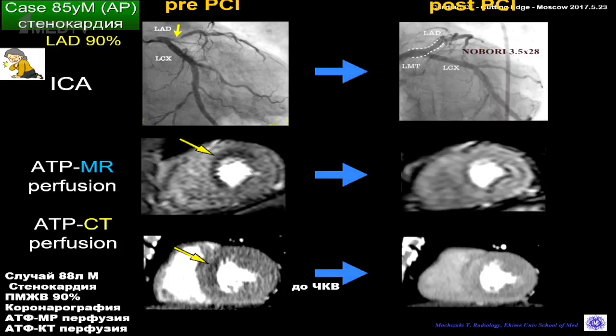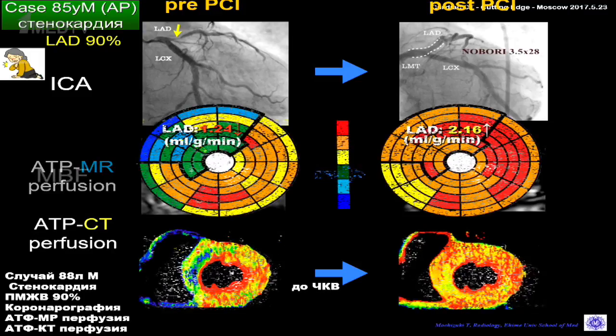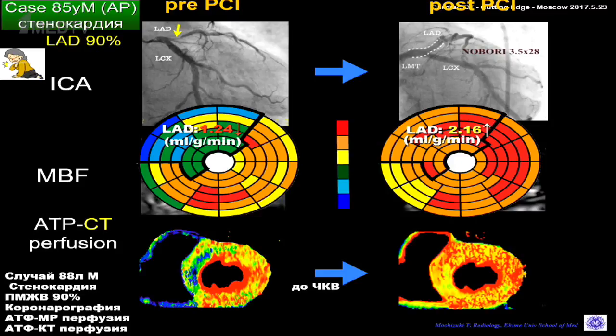And after the percutaneous coronary intervention, I mean the stent, the stenosis was opened and the ischemia was gone. And we can measure the absolute value like this. Pre-PCI shows the lower LAD myocardial blood flow, and it was improved to normal.